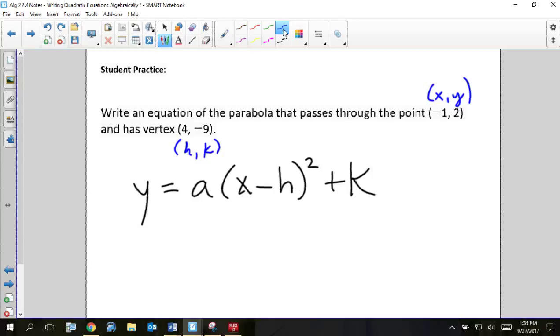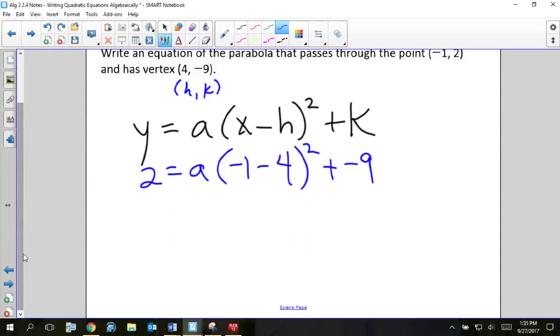All right, so I'm plugging in my H and my K, my X and my Y. My Y is 2. A I am finding. X is -1 minus 4, close parentheses squared, plus -9. And I'm going to get 2 equals A multiplied by, this is -5 squared, so 25 minus 9.